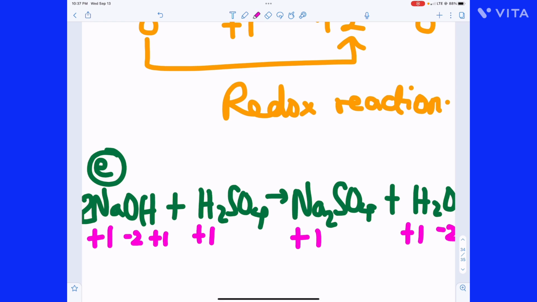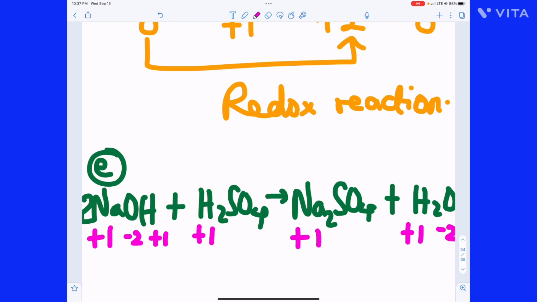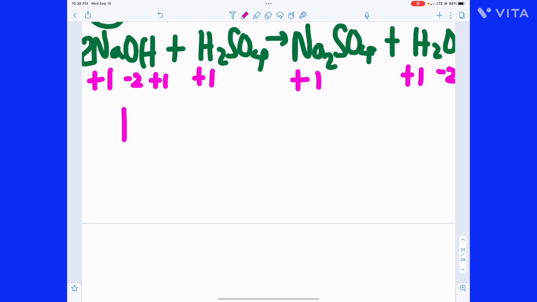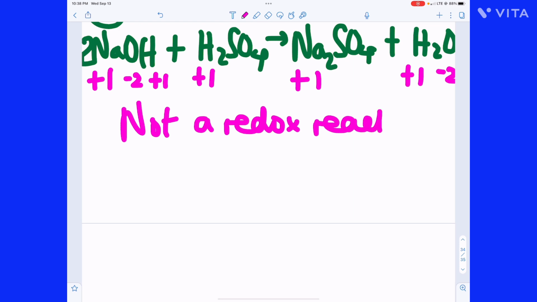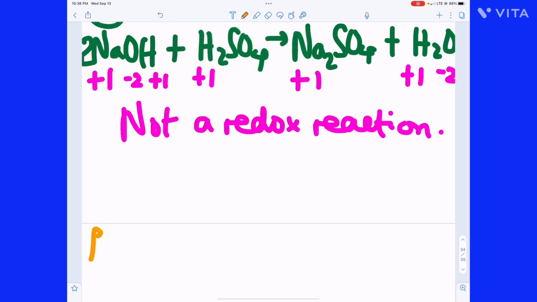So essentially, none of it has changed in oxidation number. Oxygen is -2, -2 from left to right. Hydrogen is +1, +1. So there's no change in oxidation number. This is not a redox reaction. Let's go to question F.